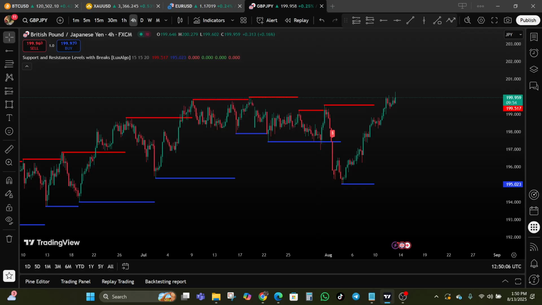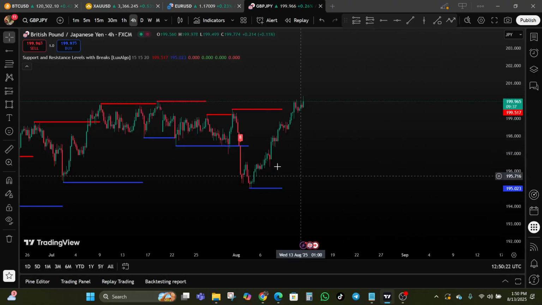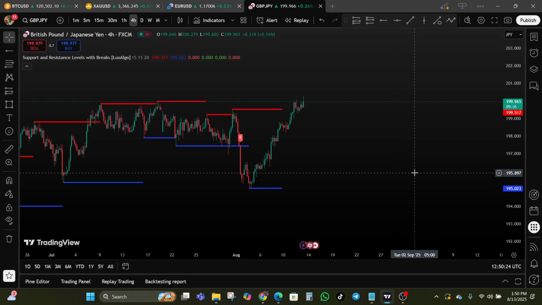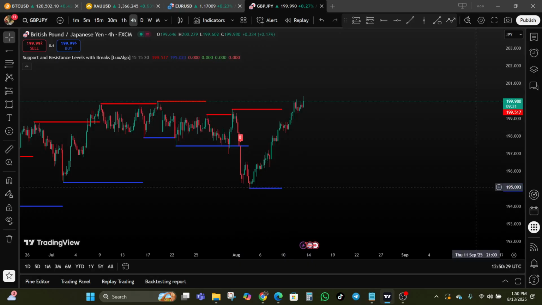Unlike static lines, these support and resistance zones adjust dynamically as new price action comes in. You will notice that the indicator plots new levels as new price action forms, and the lines are color coded for clarity. The red is used for the resistance and the blue is used for the support.